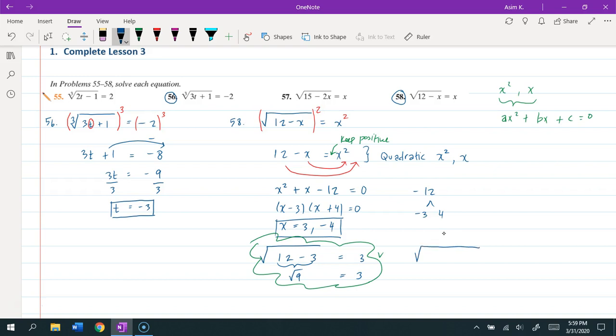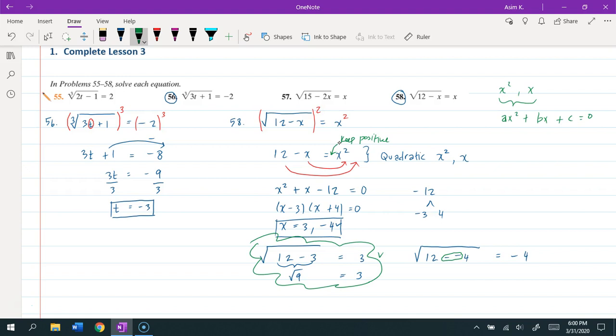The second solution was negative 4. So 12 minus a negative 4 is equal to negative 4, right? We're just plugging in the 3 in the spot where the x's were, and then the negative 4 in the spots where the x's were. So now when you do this, notice how this and this become positive, right?